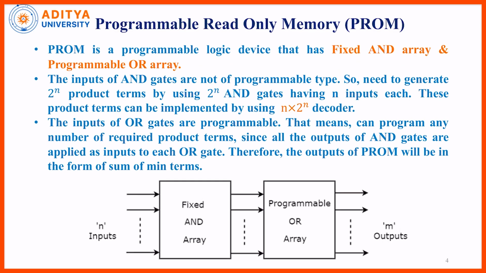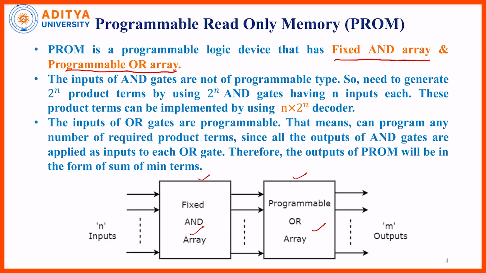Now coming to the PROM, this is the architecture of the PROM, the block diagram of the PROM, which contains two boxes: a fixed AND array and a programmable OR array.